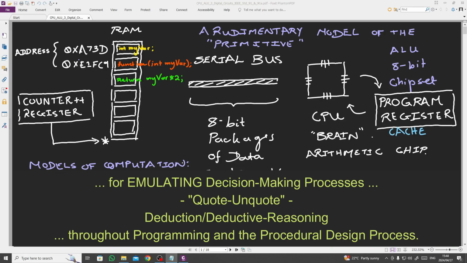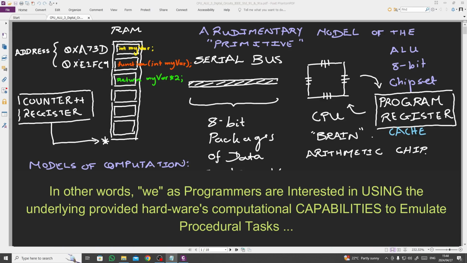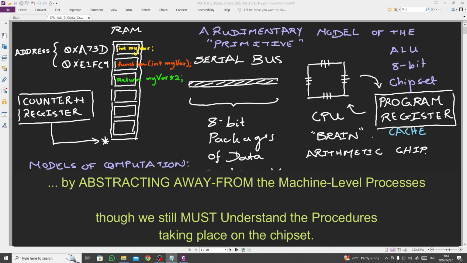design process. In other words, we as programmers are interested in using the underlying provided hardware's computational capabilities to emulate procedural tasks by abstracting away from the machine-level processes, though we still must understand the procedures taking place on the chipset.